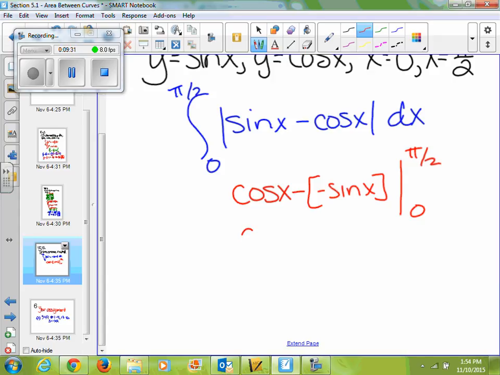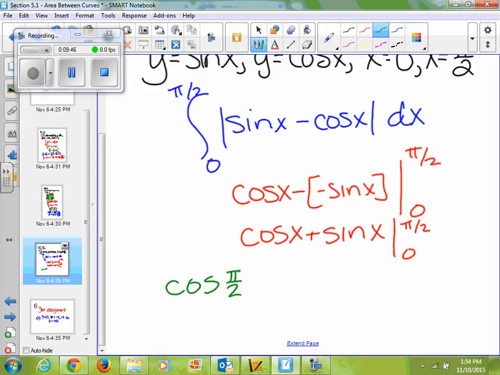So then if I simplify, I get cosine of x plus sine of x from pi over 2 to 0. So by plugging in pi over 2, I get cosine of pi over 2 plus sine of pi over 2, minus cosine of 0 plus sine of 0.